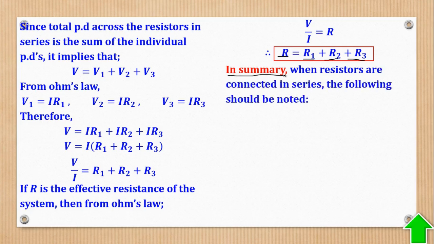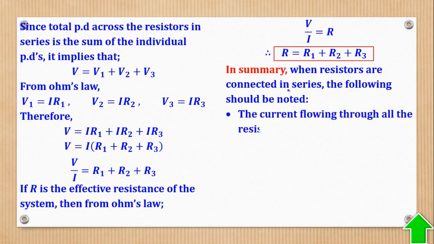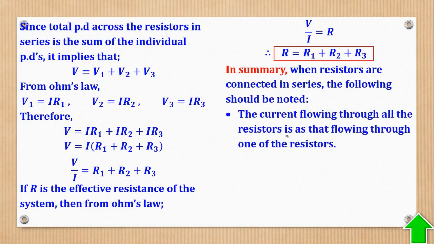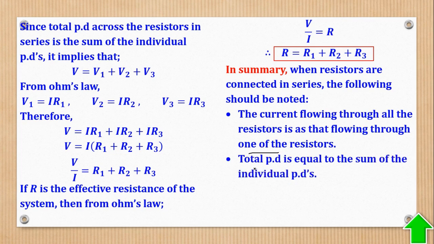Now with that, we shall make a summary of what has transpired. The summary says that when the resistors are in series, the following should be noted. One, we have already seen that the current flowing through all the resistors is the same as that flowing through one of the resistors. Two, we have also seen that the total PD is equal to the sum of the individual PDs.